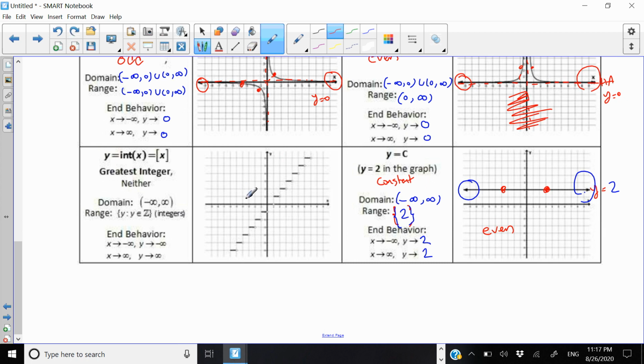Okay, how about this one, the greatest integer function? This one is neither of them. Why? Let's see, a point like this one, this point that you see here is (2, 1). The mirror of that point to the origin should be (-2, -1).